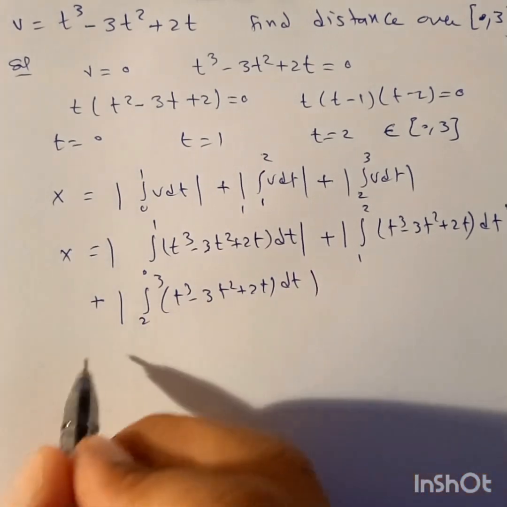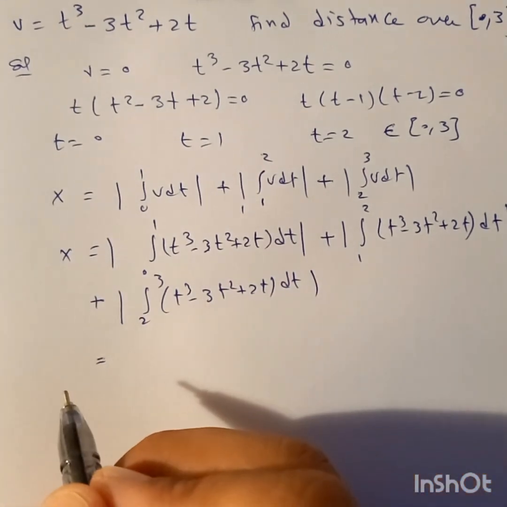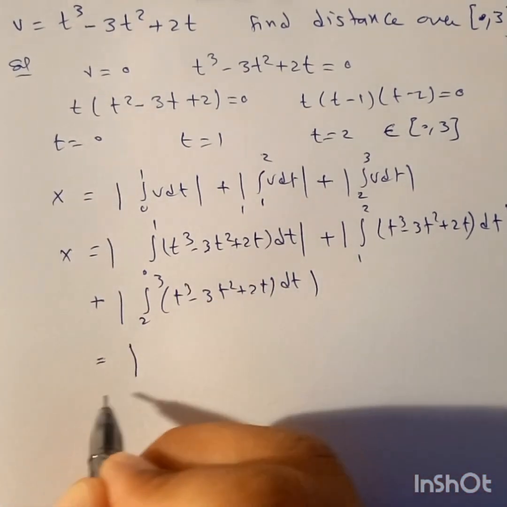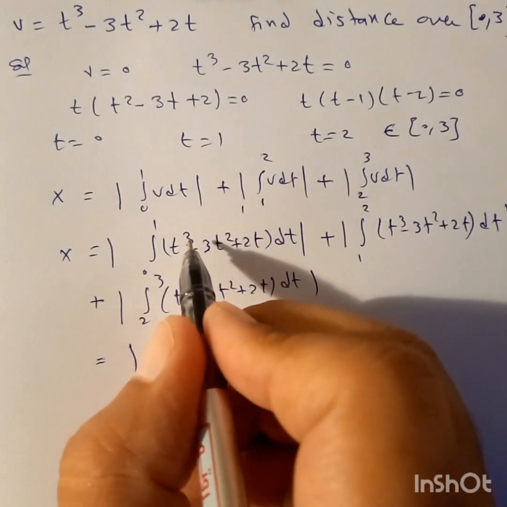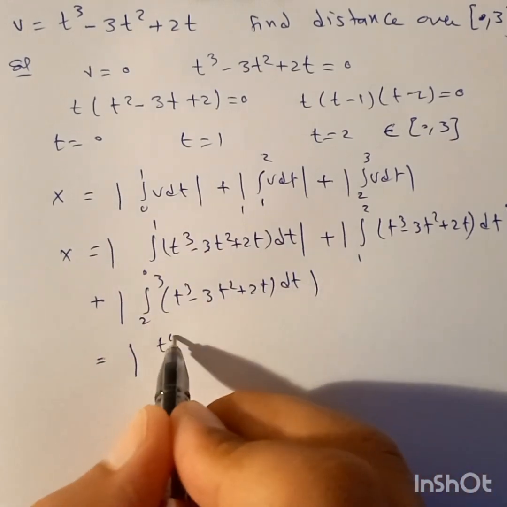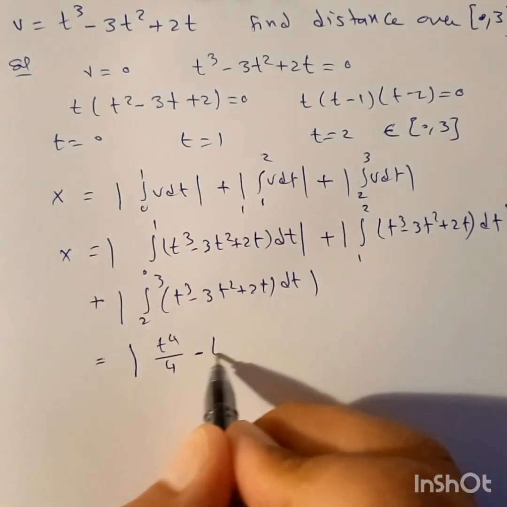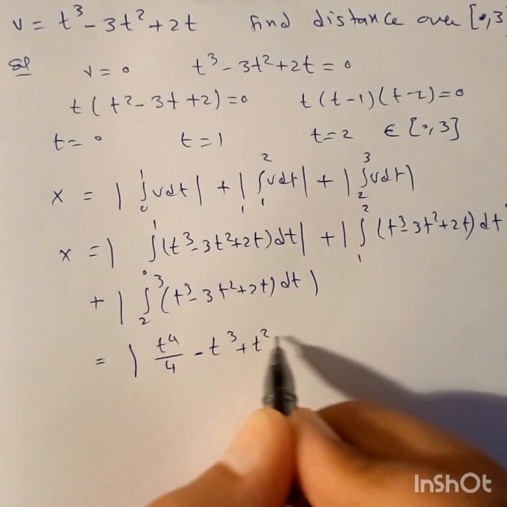Okay, now we can execute these definite integrals. Then we have here the modulus of the integration, and the integral of this one is t⁴ over 4 minus t³ plus t².